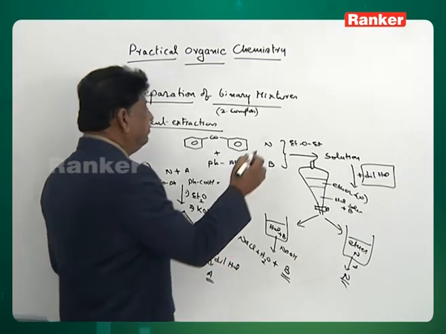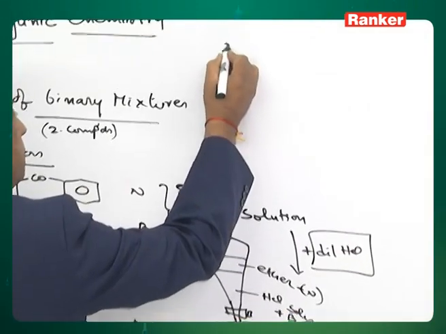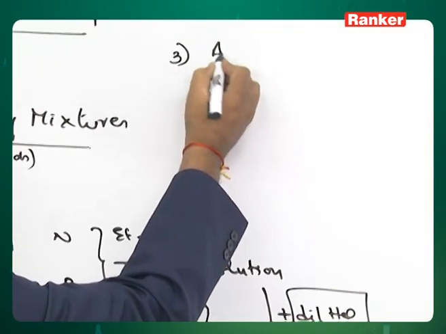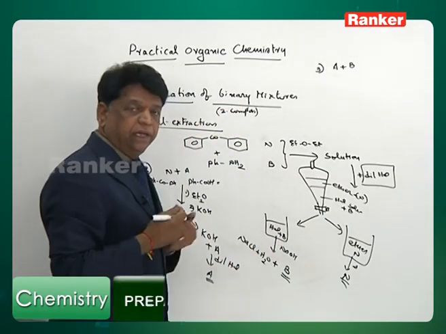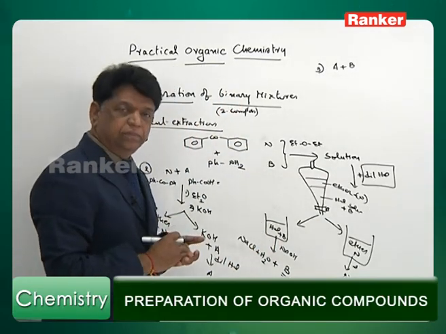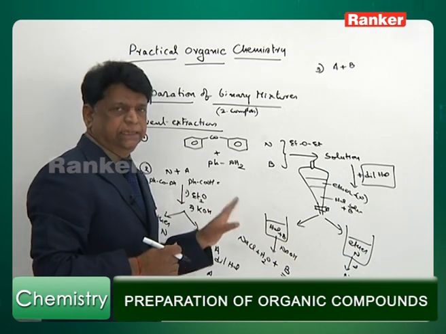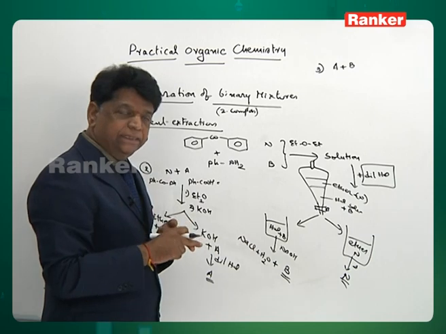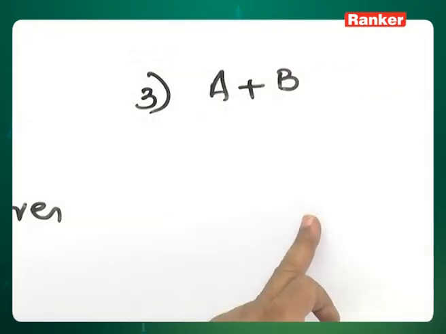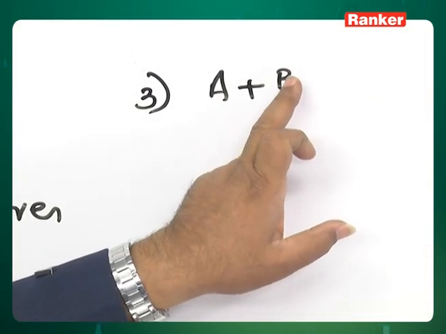Like this, different types of mixtures may be taken. One acid and one base may be taken. Then what may be the separating medium? First you have to dissolve in ether. Both get dissolved. Then you can add either acid or base. If acid is added, that is HCl, the base is extracted.